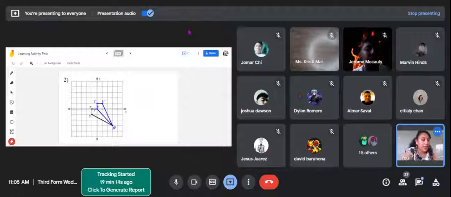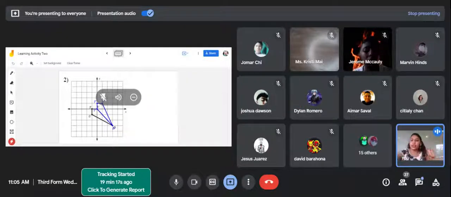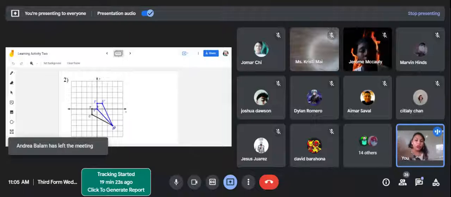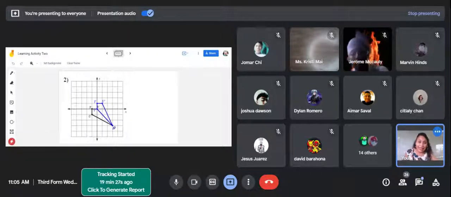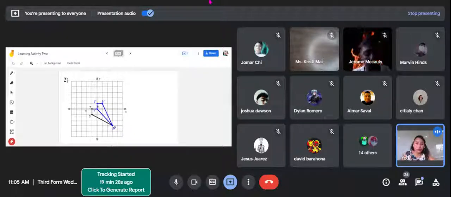Okay. Now this one is a reflection. The blue image is the new image and the black image is the original image. So what line is that being reflected across? What do we call that line? If we take a look at this one, the reflection is happening right here. Can you guys see it right there? That is where the reflection is happening.